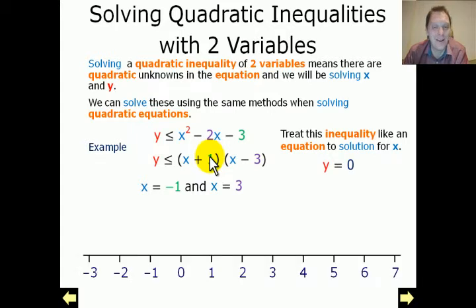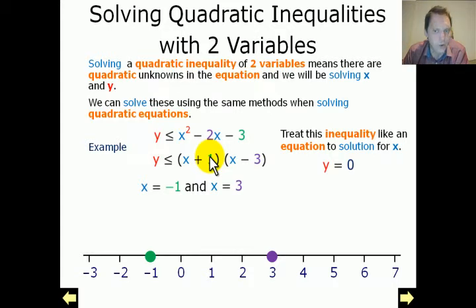So to represent this on the number line, I'm going to use full circles because I'm dealing with inclusive inequalities. So they could be equal to negative 1 when x is negative 1. They could also be equal when x equals 3.